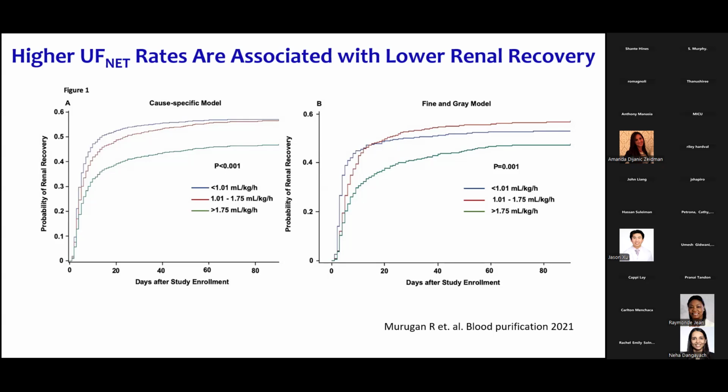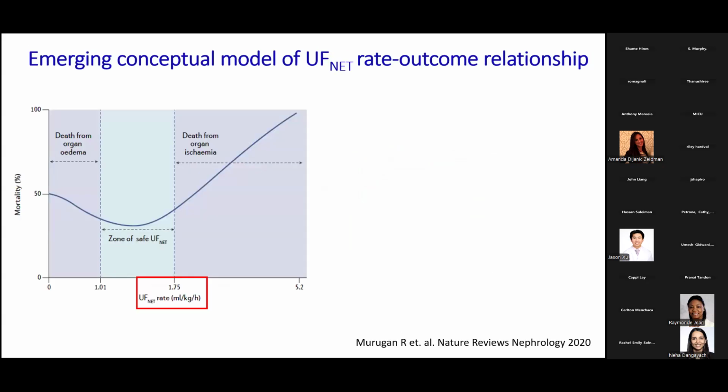And this makes sense as well, because if we have a patient that is recovering, surviving, and we push very aggressive fluid removal, then we certainly can compromise organ regeneration, in this case, particularly the kidney, right? The tubular cells need to regenerate.